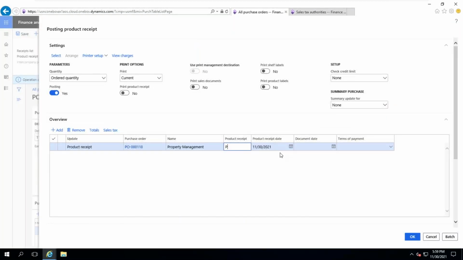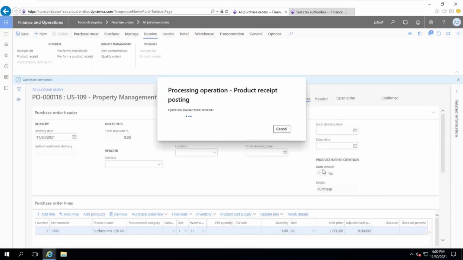You need to enter the product receipt number, and best practice is to enter the date and vendor dispatch document number as well. Click OK. The date shows November 30th even though it is December 1st, because the application time zone is USA. In the USA it is still yesterday night. We are far away, so we are ahead.